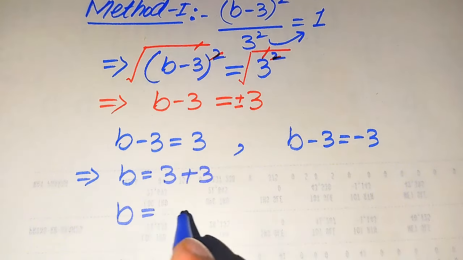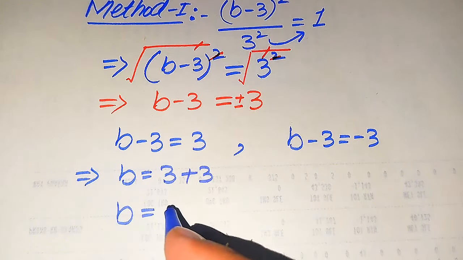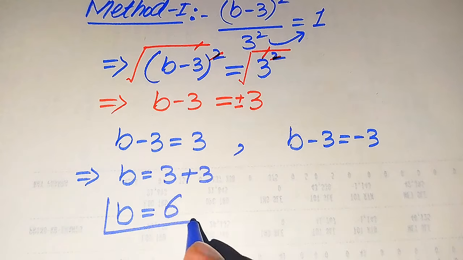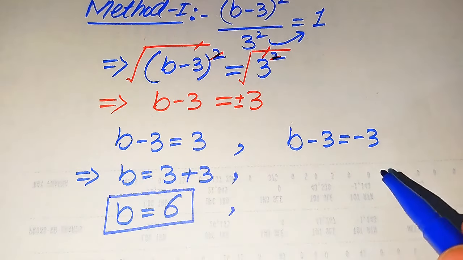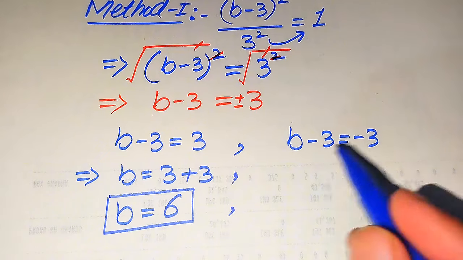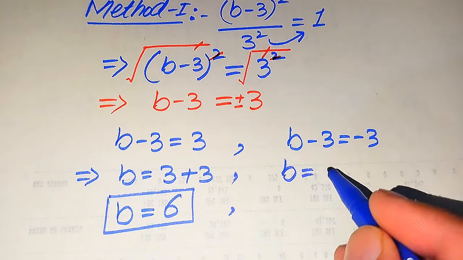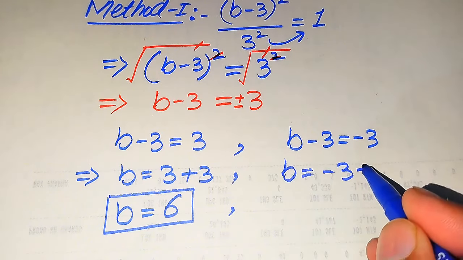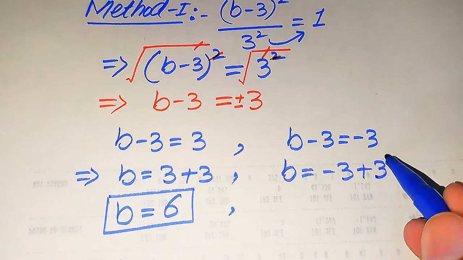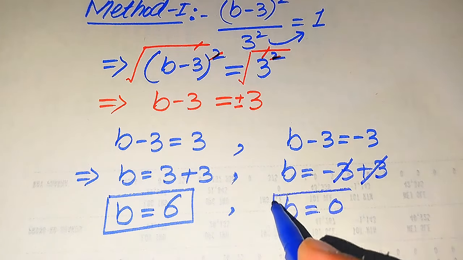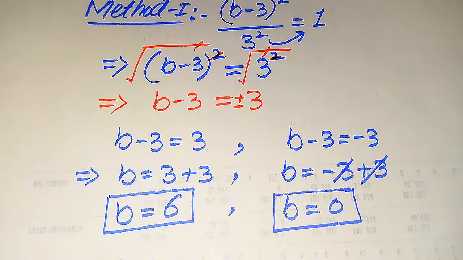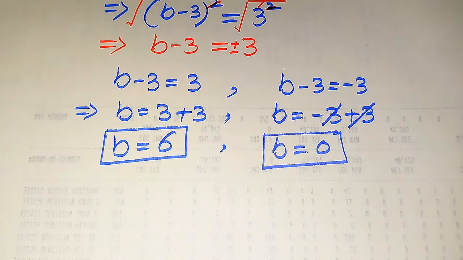So here we easily get the value of b is equal to 3 plus 3, which becomes 6. So this is the first root of the given equation. Now from here we need to move this minus 3 to the right hand side, and it becomes plus 3. The positive and negative terms are gone, and we get b is equal to 0. So this is the second root of the given equation.